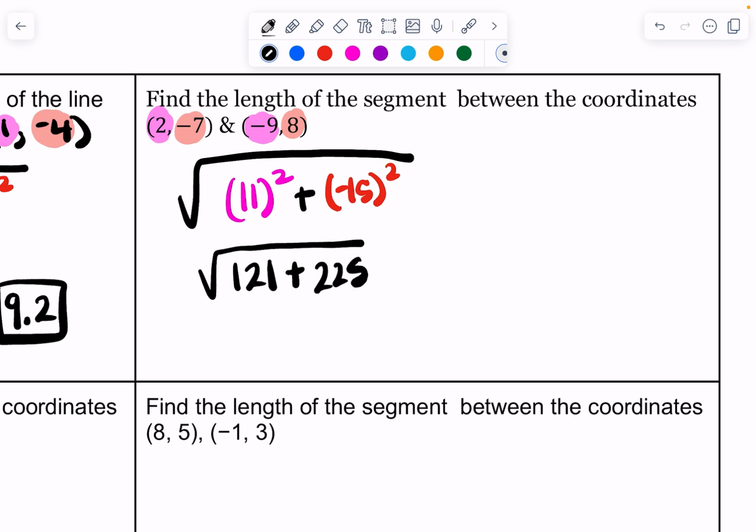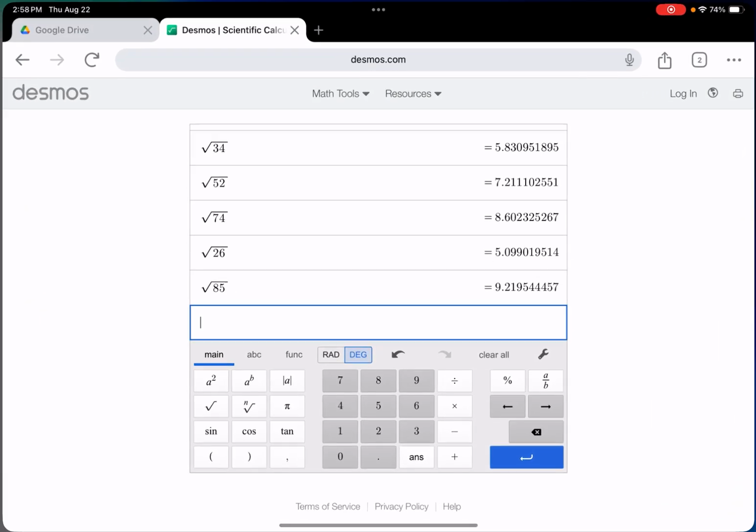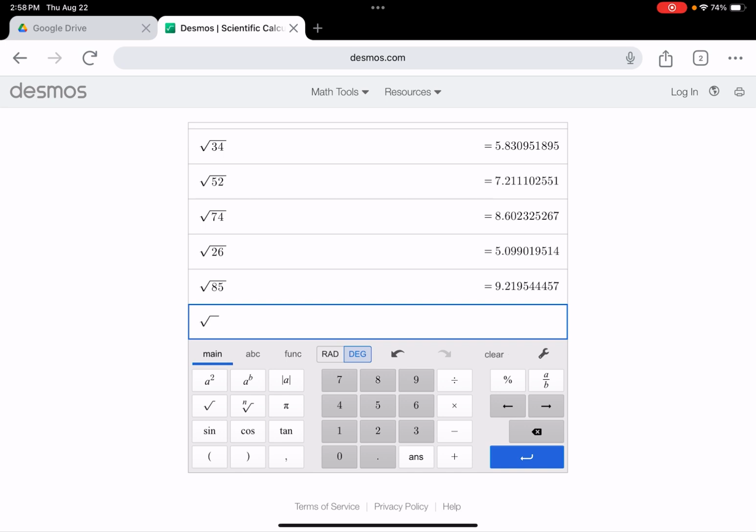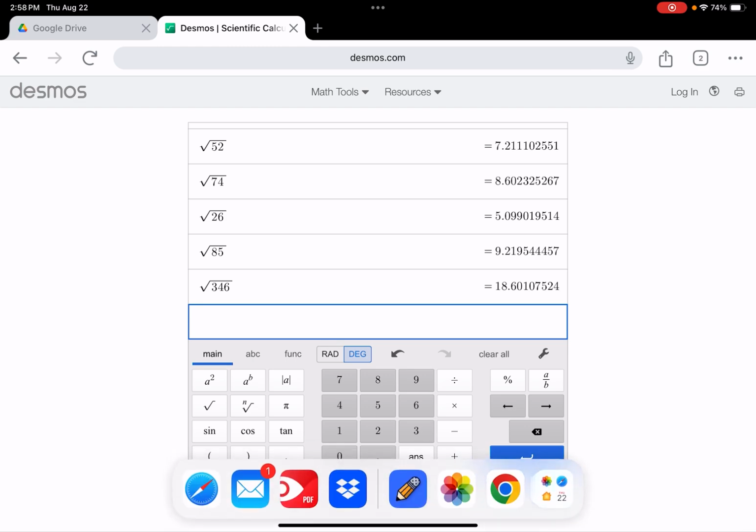And when we add 225 plus 121, we get the square root of 346. And we'll round to the nearest tenth. And we will get 18.6, approximately 18.6.